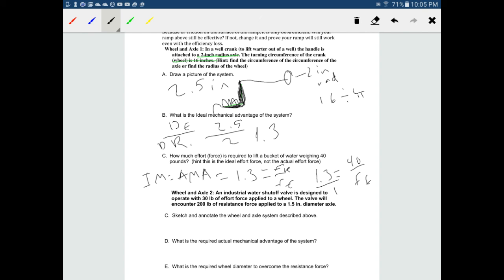Okay, so we're going to do cross multiplication, and we're going to get 1.3 FE equals 40, and we'll divide by 1.3, cancel those out, get FE is equal to 40 divided by 1.3, and we'll get it equals 30.1 pounds.